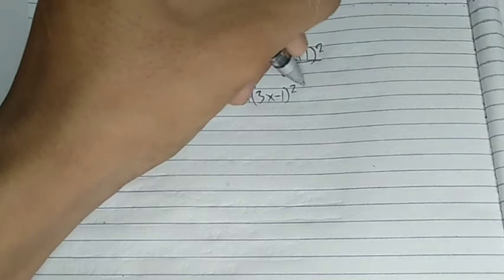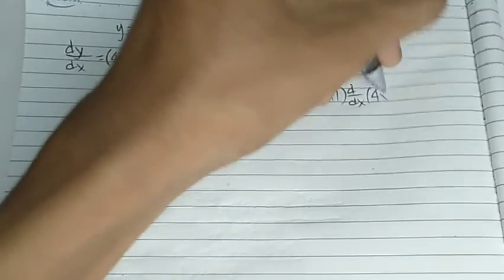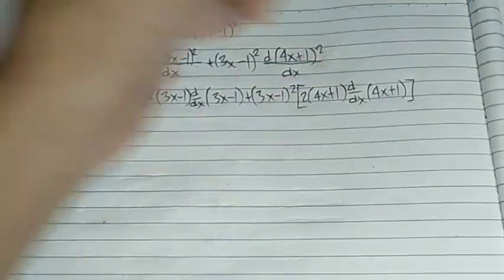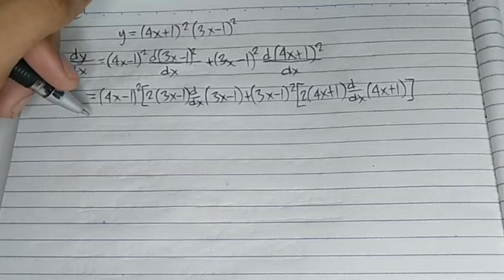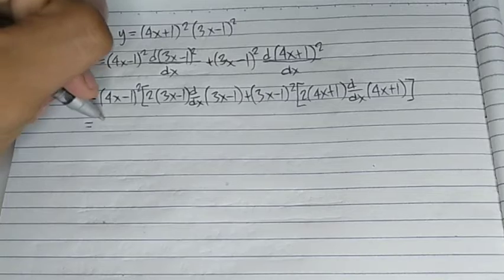So the power rule, which is the exponent 2, has been put down as a factor, and now 3x minus 1 has been derived, plus 3x minus 1 squared times 2 times the quantity of 4x plus 1 times the derivative of 4x plus 1.